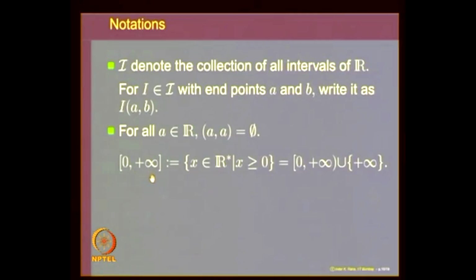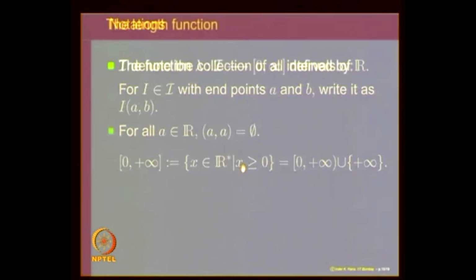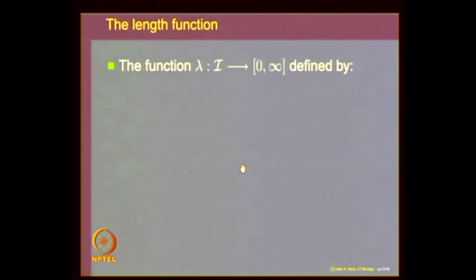So this is the closed interval in R star, the extended real numbers, {x belonging to R star : x ≥ 0}, which is the same as the interval closed on the left at 0 and open on the right at infinity, in the real line union the special symbol plus infinity that we had added in the extended real numbers. So with these notations, we define what is called the length function on the class of intervals.